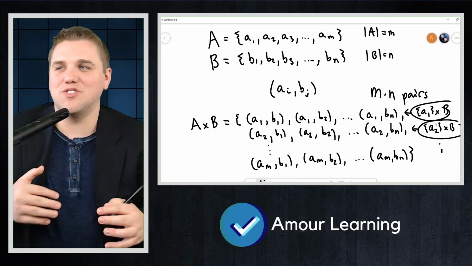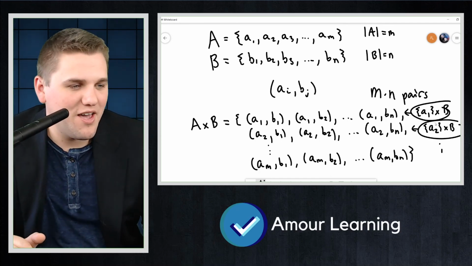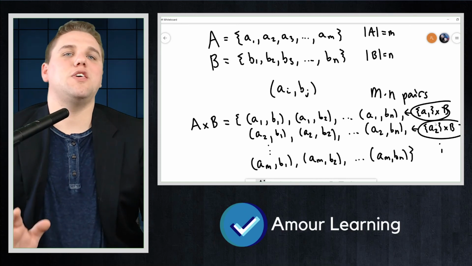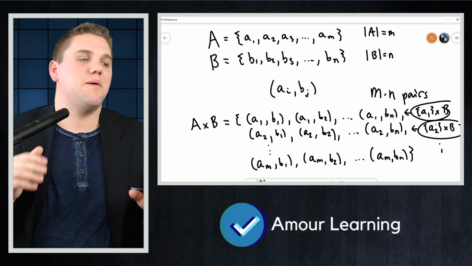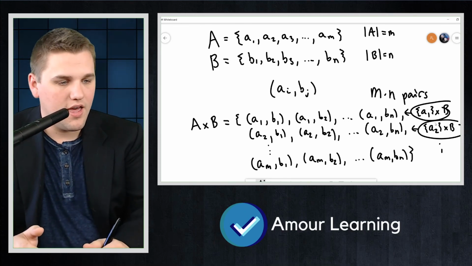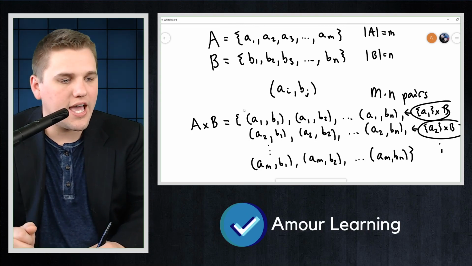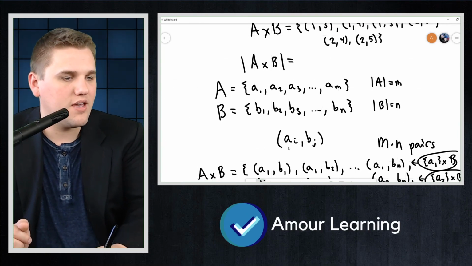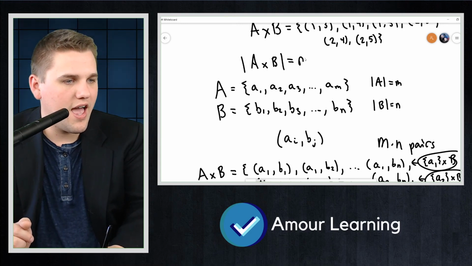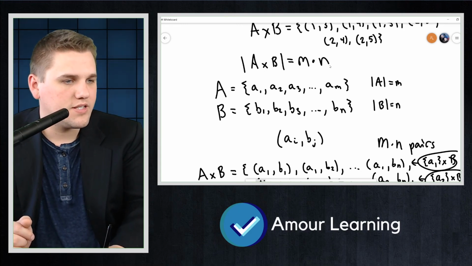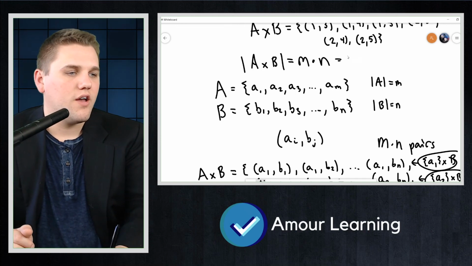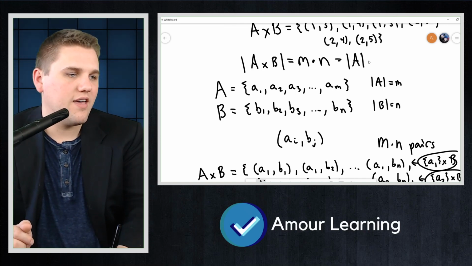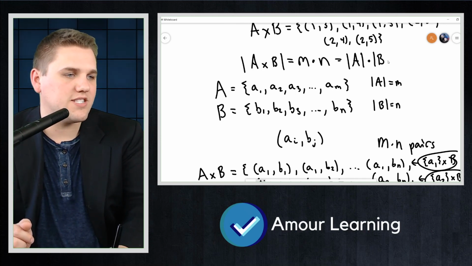I know that's a little confusing because N and M sound just alike. But trust me, there are M times N pairs here, meaning that the size of A cross B is just M times N, or the size of A times the size of B.